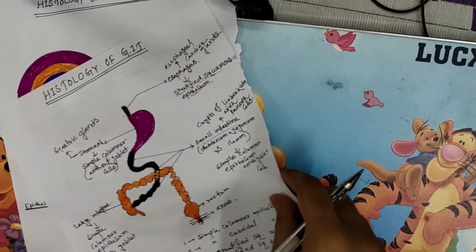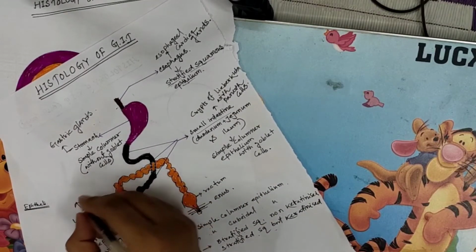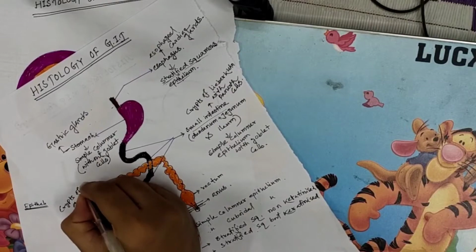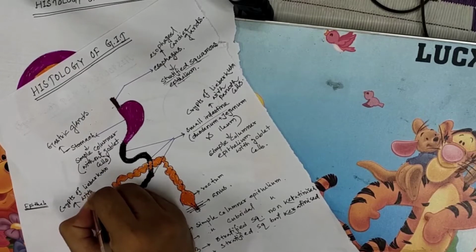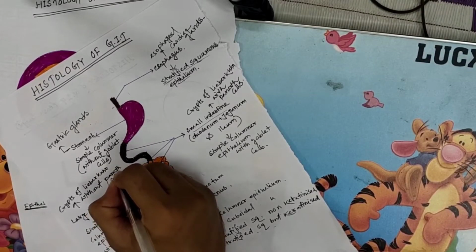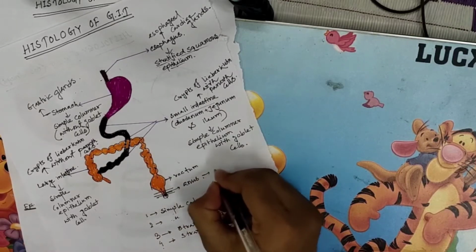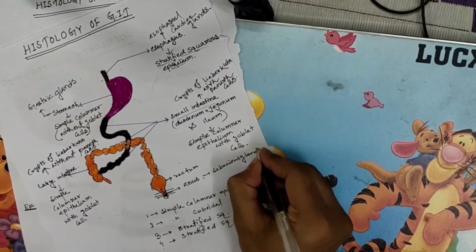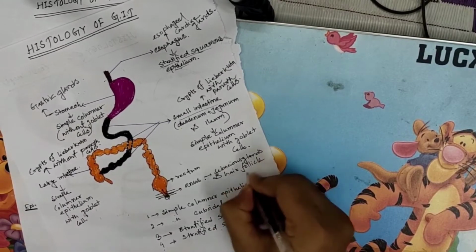And in the large intestine, there are also crypts of Lieberkühn, which are without Paneth cells. And in the anus, there are sebaceous glands and hair follicles present.